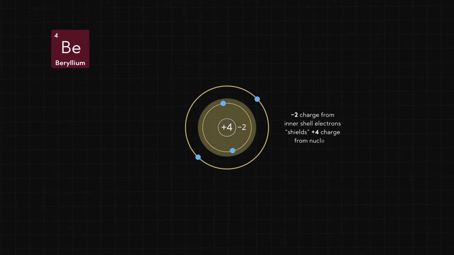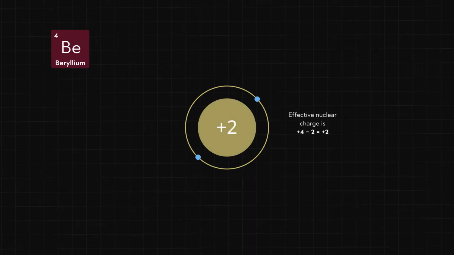This results in an effective nuclear charge, or Z effective, experienced by the outer electrons of +4 -2, giving +2. Beryllium has an ionization energy of 900 kilojoules per mole. We'll use this as a reference point.